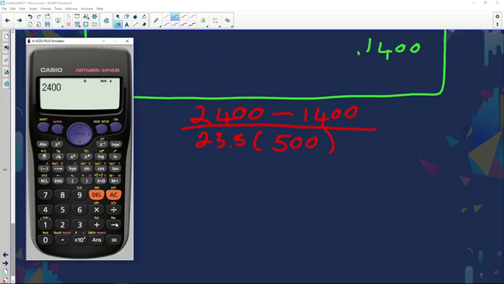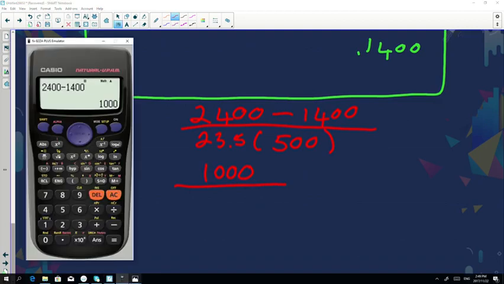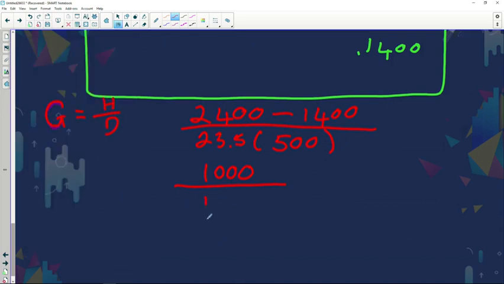2,400 subtracting 1,400 equals 1,000. And then what we do, 23.5 times 500 equals 11,750.